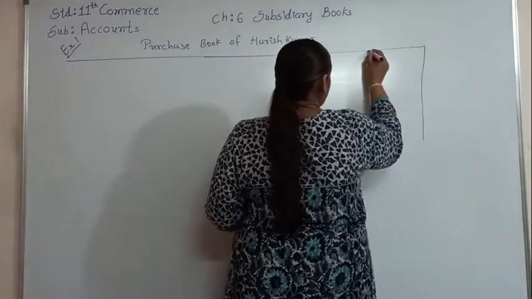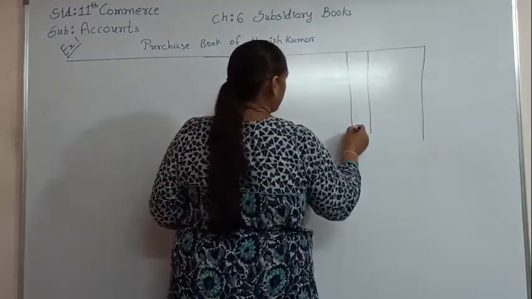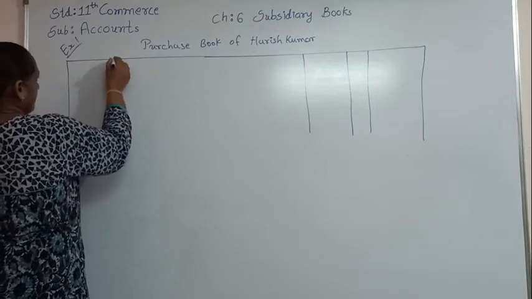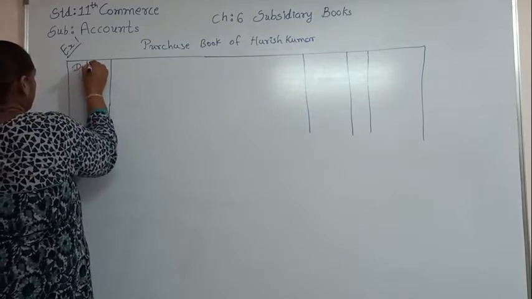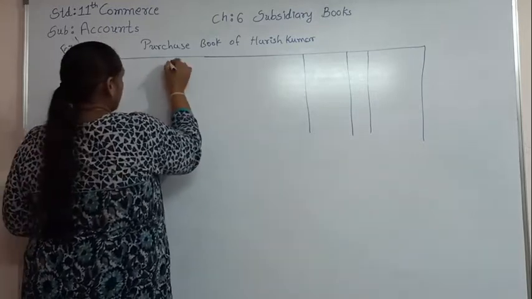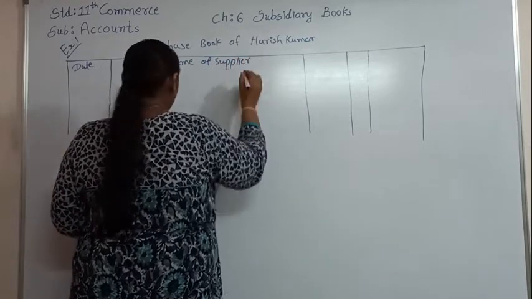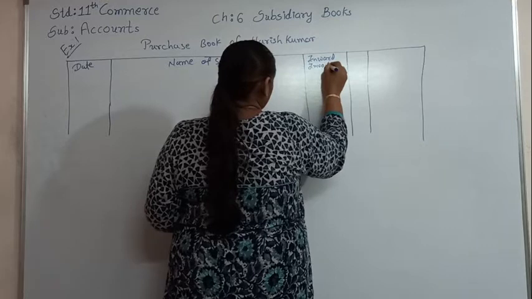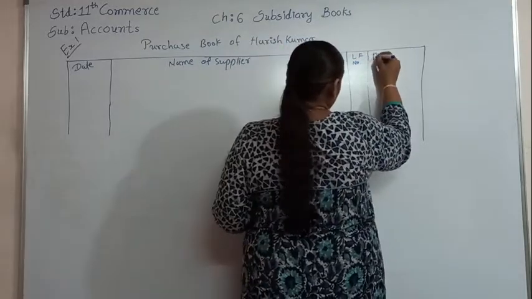So we are going to prepare the columns called date, particulars, then we can say the name of supplier, then there is the inward invoice number, then ledger folio number, then amount in rupees.